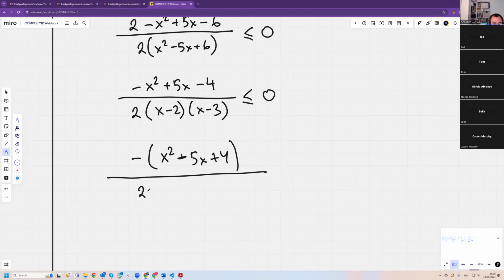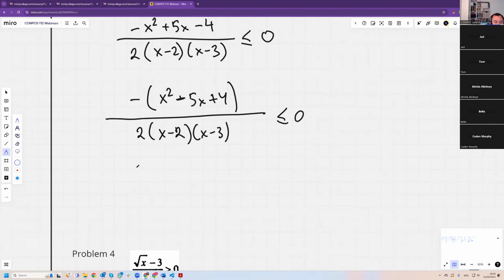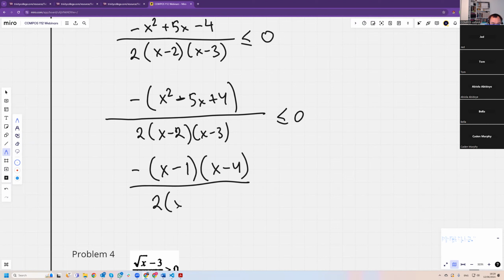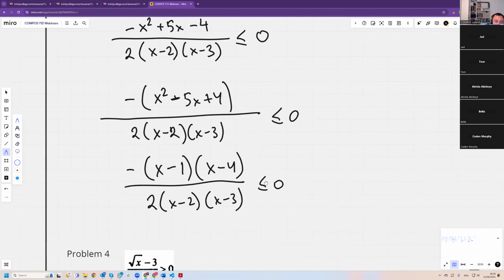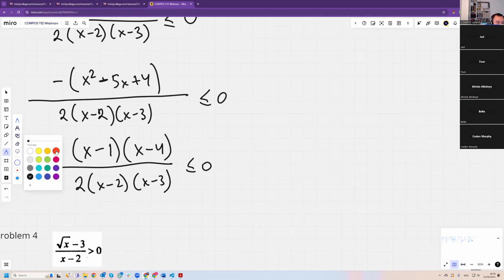And this is 2, x minus 2, x minus 3, less than or equal to 0. There's going to be minus x minus 1, x minus 4, divided by 2, x minus 2, x minus 3, less than or equal to 0. So the critical points are 1, 4, 2, 3.